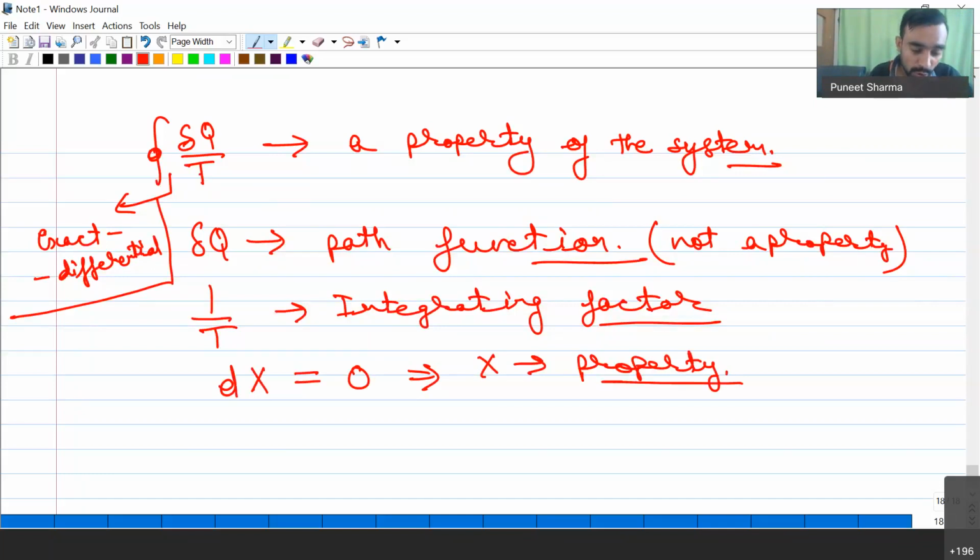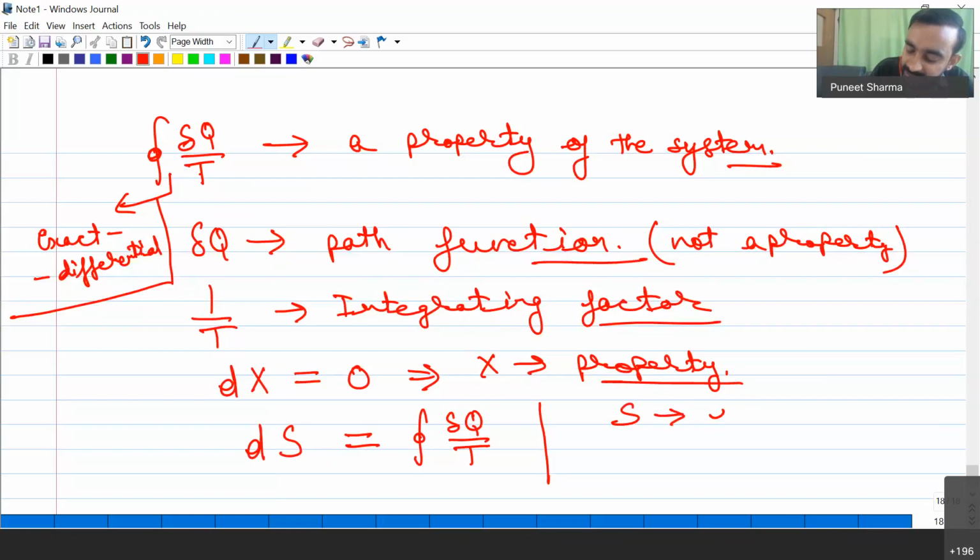Okay, so whatever I am now saying, that the cyclic integral del Q by T is a property of the system, that particular property of the system we call nothing but ds. So ds is equal to the cyclic integral del Q by T, where this S is something which we call the entropy of the system.